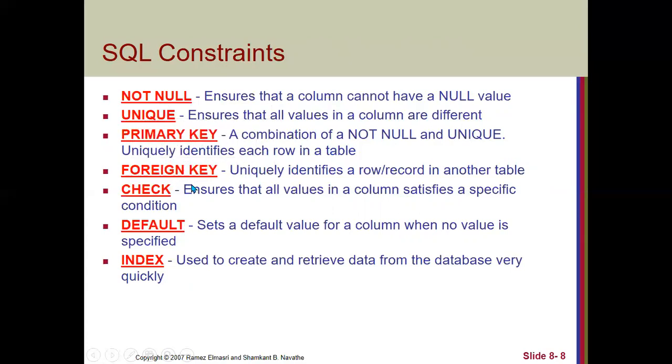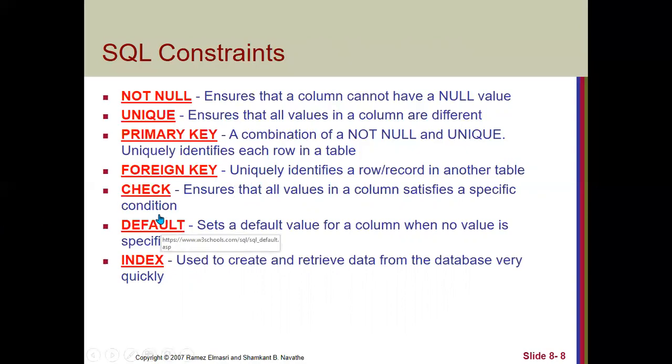A foreign key is referencing a primary key in another table. CHECK ensures that the value should satisfy a condition. If we put a CHECK constraint, then we have to put a condition, so you can't put a value without passing this test or condition.